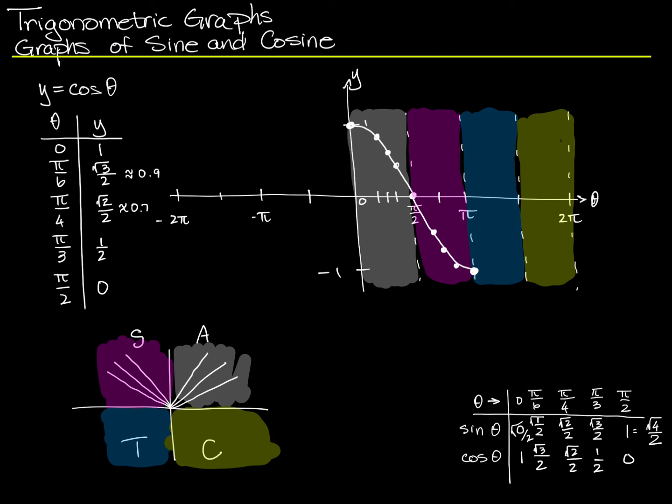Once you know what sine and cosine look like, and the fact that sine started here at 0, went up to 1, and then came back, and cosine starts at 1 and comes down, you can plot the 1, the 0, the negative 1, the 0, and the 1. And you know that the graph has to fit that pattern.